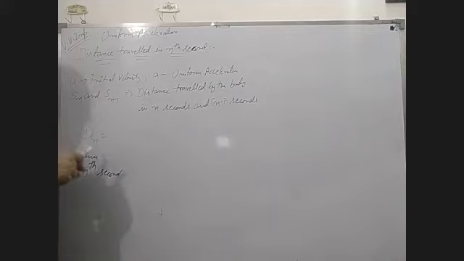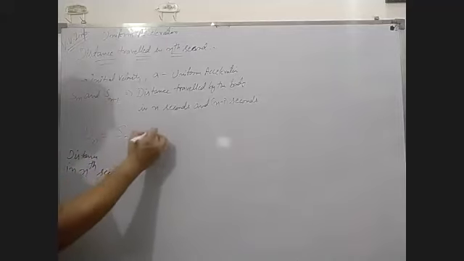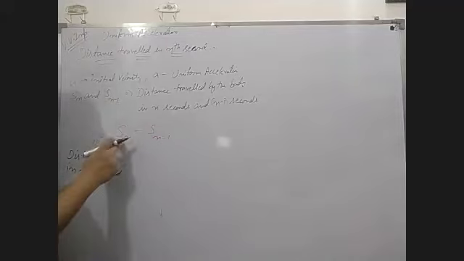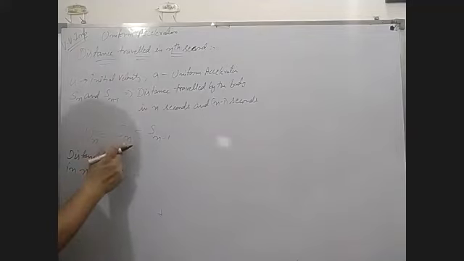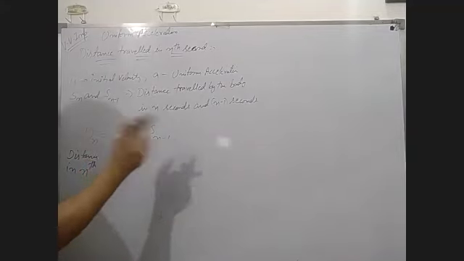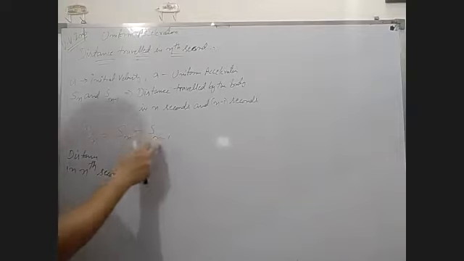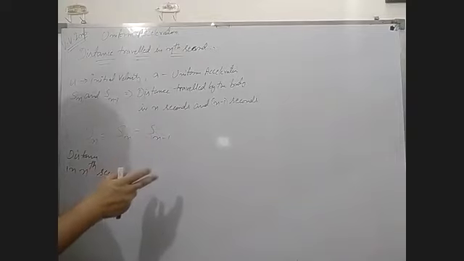If we are talking about the distance covered in the nth second only, not in n seconds, not in n minus 1, then in this case we have to take the difference of the whole distance covered by the body and the distance covered in 1 second less.